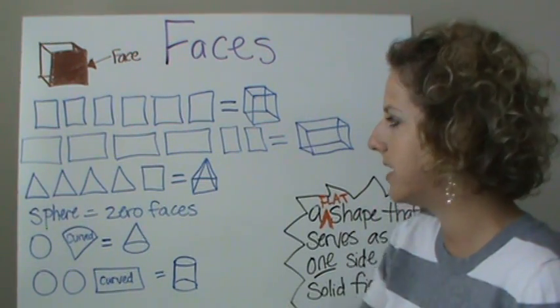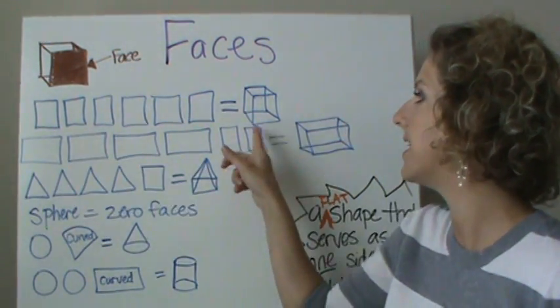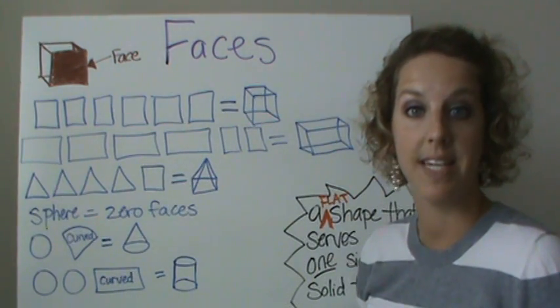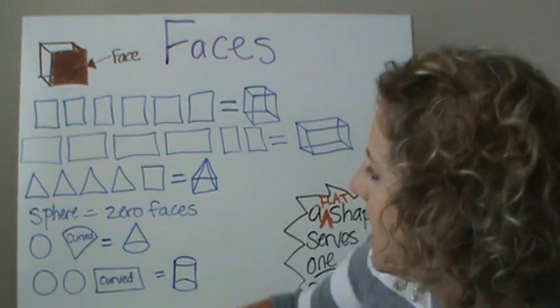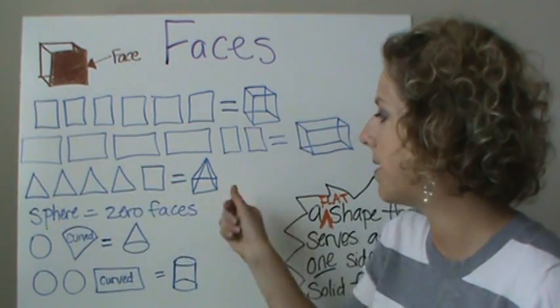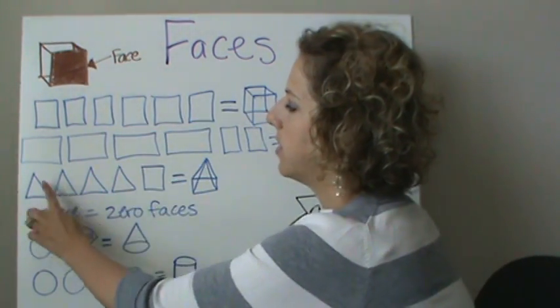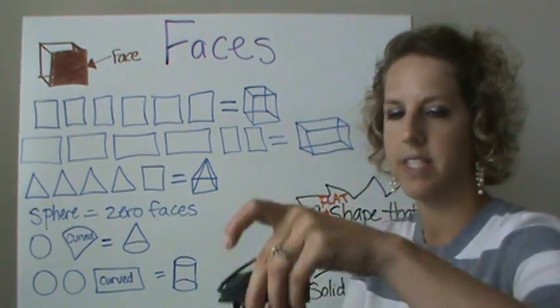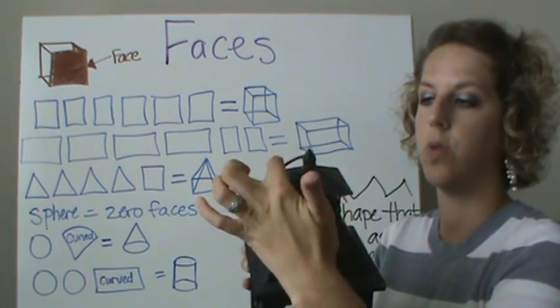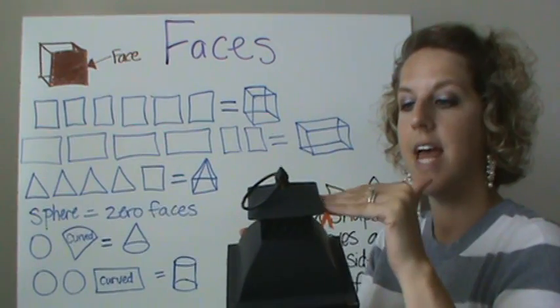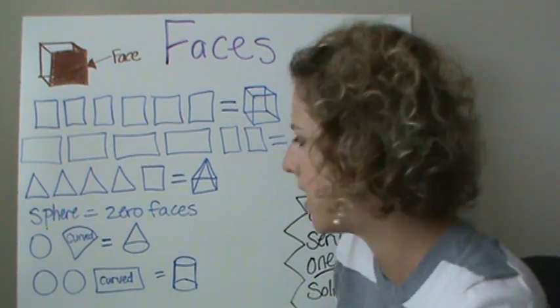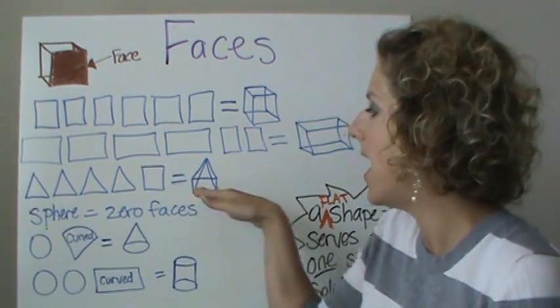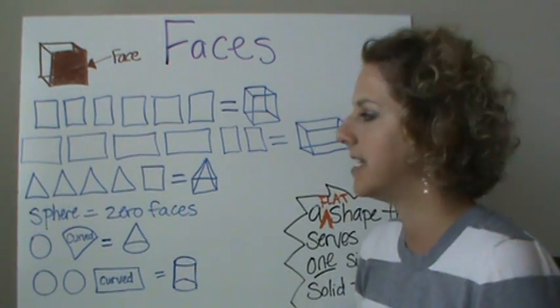So these 1, 2, 3, 4, 5, 6 faces create a rectangular prism. Our next shape is a pyramid. The faces are going to be 4 triangles and 1 square. If I take this off, I have 1, 2, 3, 4 triangles, and then the base is a square. So a pyramid has 5 faces.